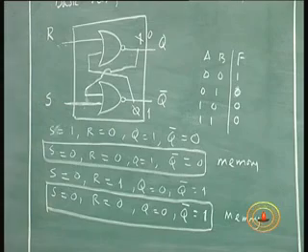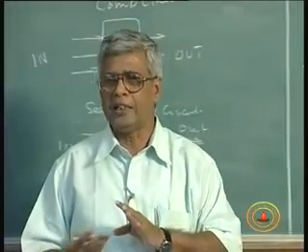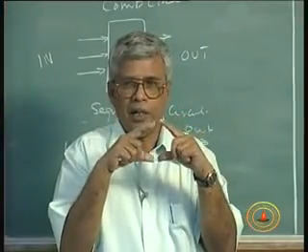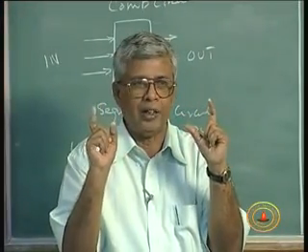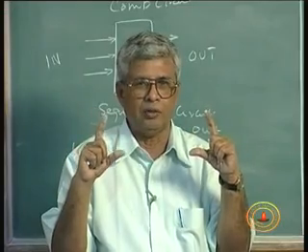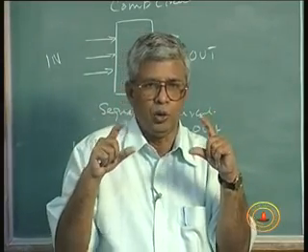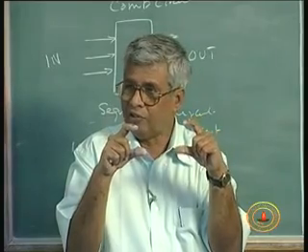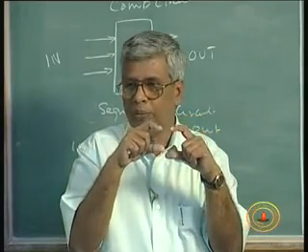We have studied 3 cases. We have 2 circuits. You call it a sequential circuit, but as far as I am concerned, there are 2 NOR gates. And I have not done anything different from what we know already. Did I introduce a new concept here? No, in the sense of new theory. There are only 2 gates whose behavior you know, and we used them in a way we wanted.